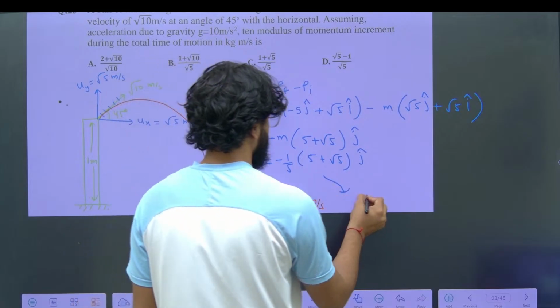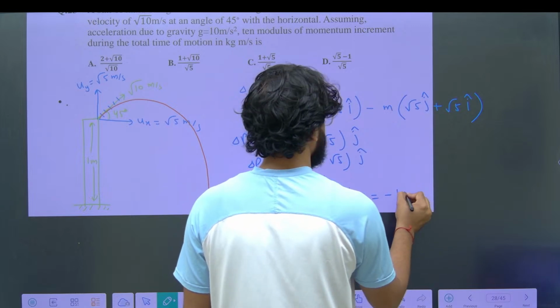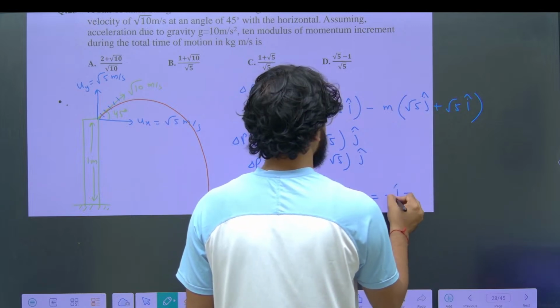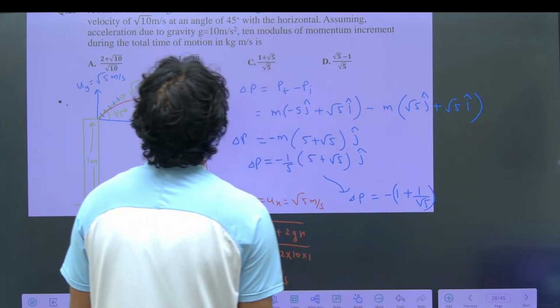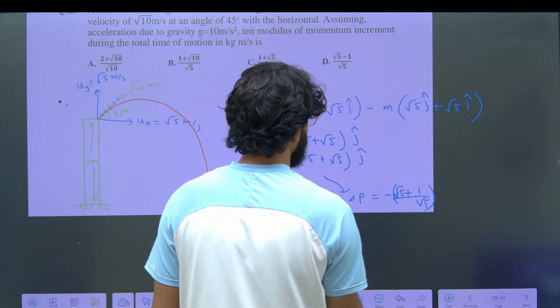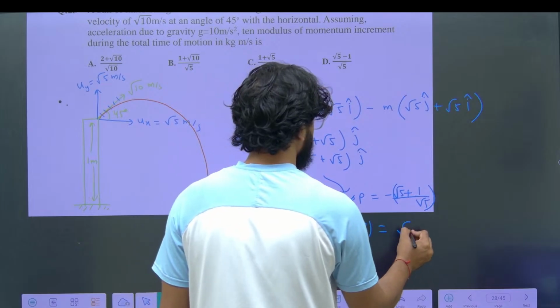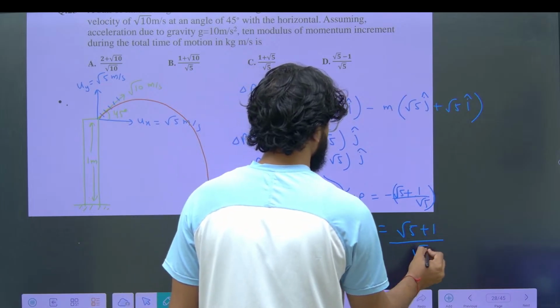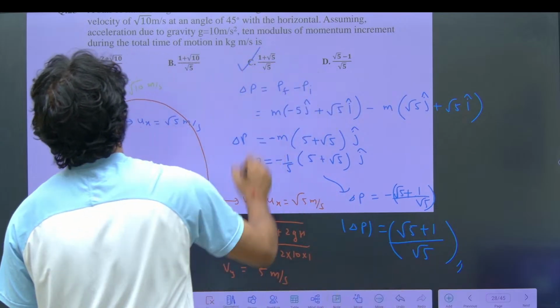So we can write it as minus 1 plus 1 upon root 5. Correct? Achha, they have written it in a very nice format. So the magnitude of it will be just root 5 plus 1 upon root 5. So the answer should be Calcutta.